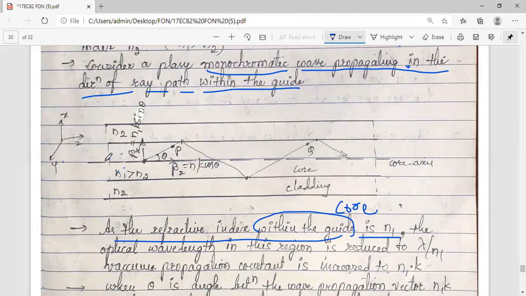Because of this, whenever the light enters and passes, I have not shown you from the start, from somewhere in between I have taken one point. Probably somewhere here the wave is coming from inside some part, and at this point it may come like this.